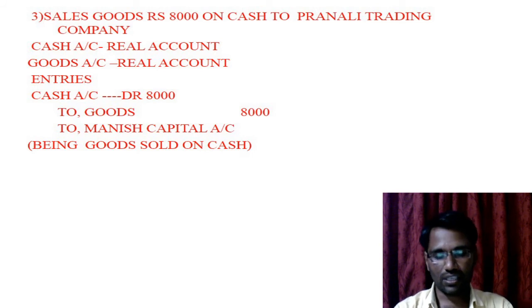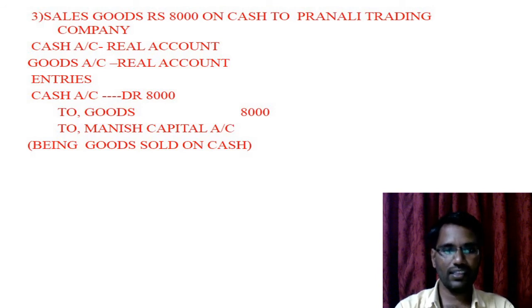Cash and goods accounts are real accounts, and the rule of real accounts: debit what comes in and credit what goes out. So finally the journal entry becomes cash account debit 8,000 to goods rupees 8,000, being goods sold in cash.